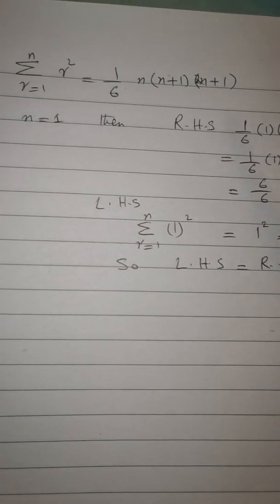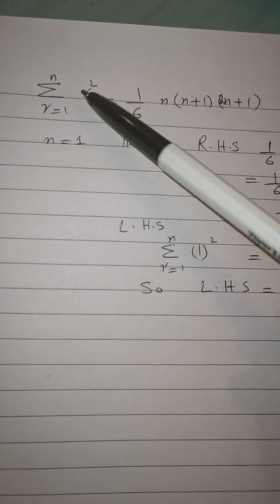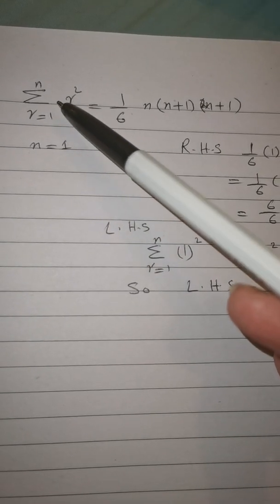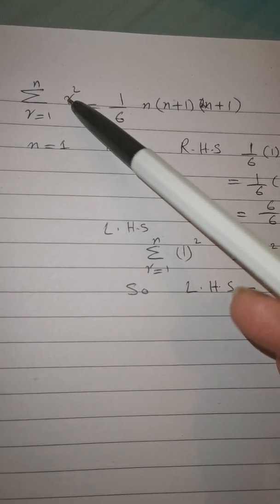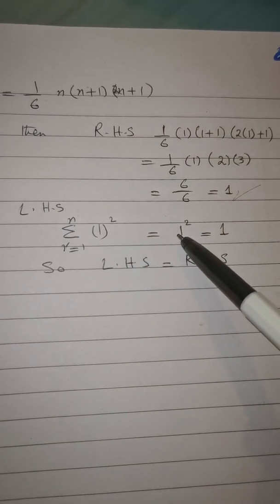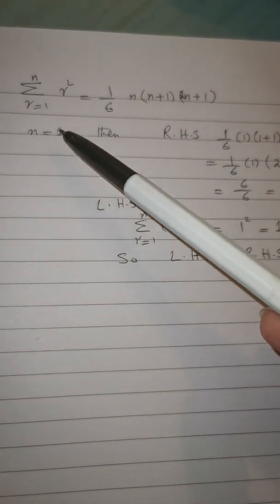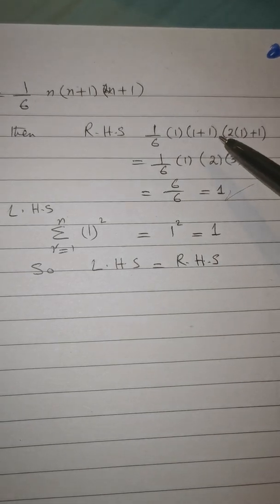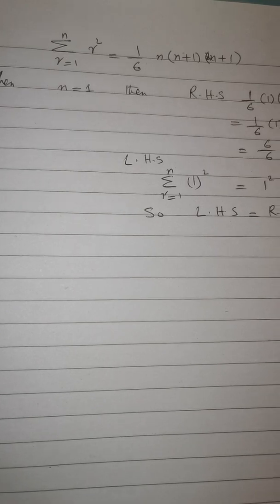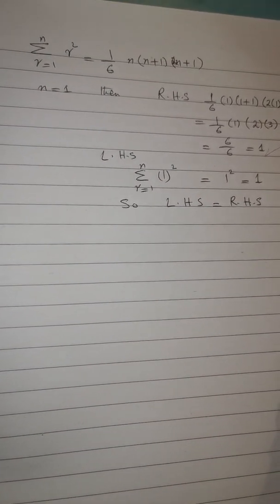After that we will go to the left hand side, and where there is n, we will put n is equal to 1. Then here the n value is 1, then we will put r is 1 square, right? That is also equal to 1. So this statement is true for n is equal to 1, as we have seen that our right hand side is equal to left hand side. This is the first step for the induction method.